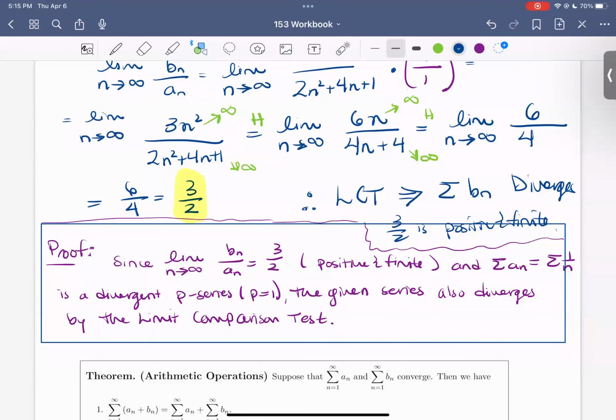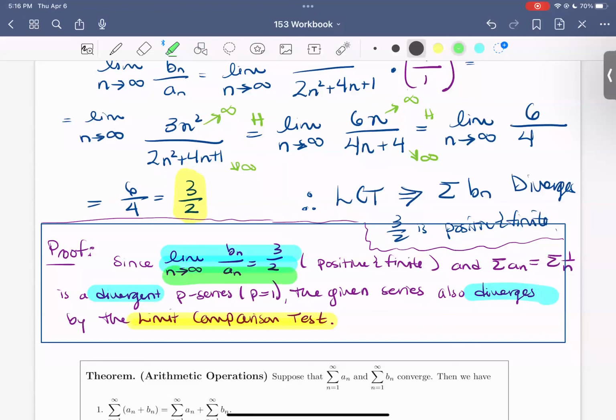So we can walk through and make sure we have all of the correct features of a formal proof. We're using complete sentences. We're providing the theorem or test that we're using, so limit comparison. We're stating and providing work for the pieces involved in that theorem, meaning in order to have the conclusion that our series diverges, we need to provide this other series, the a_n's.